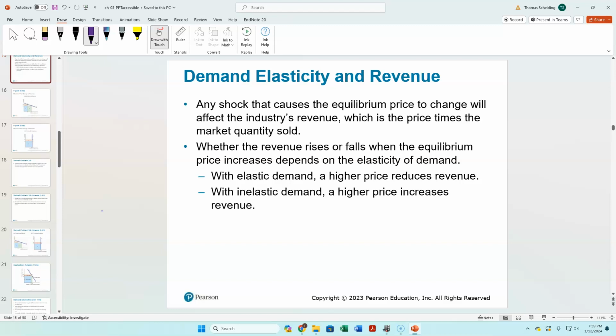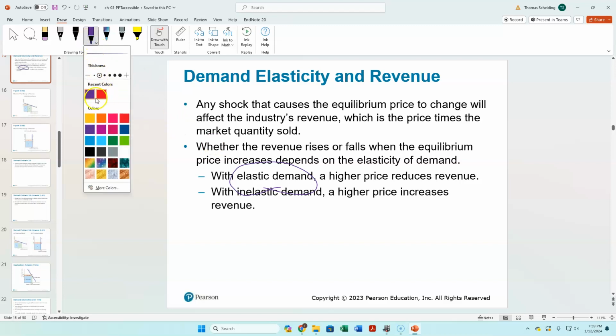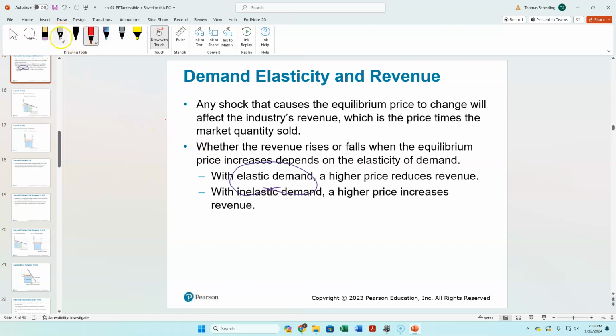Now, when firms are considering price changes, they need to consider what the elasticity of the product they're selling is. If the thing that they're selling has elastic demand, that would mean that changing the price leads to a larger change in the quantity demanded, right?